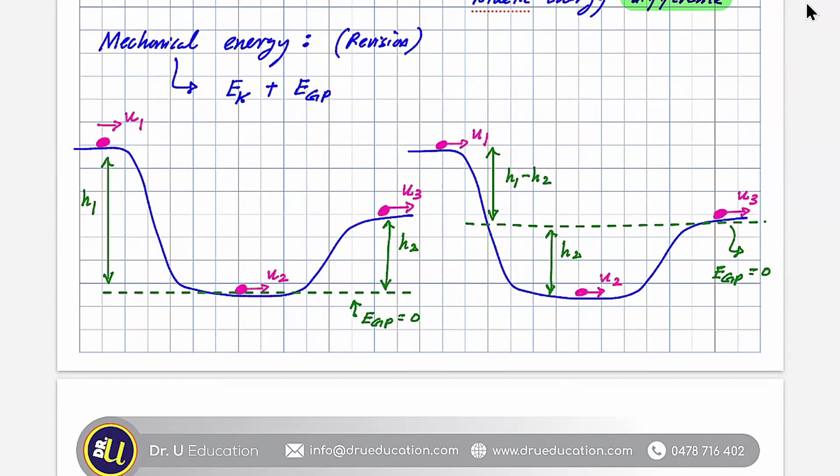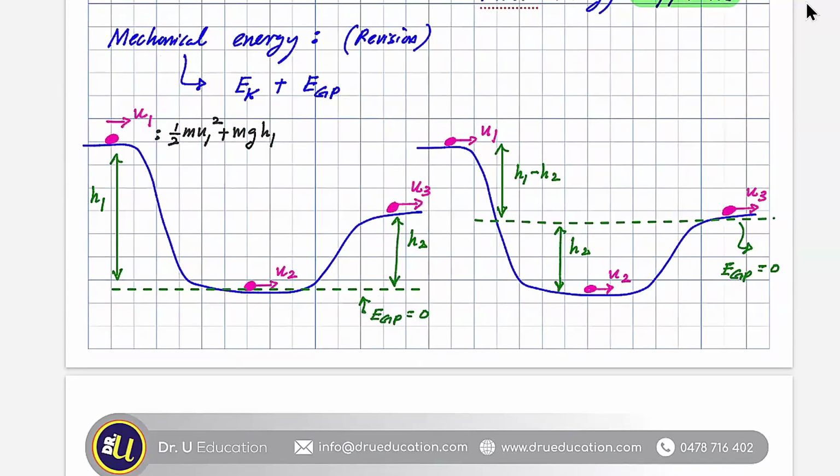Now, let's try to write the mechanical energy here. What would be the mechanical energy here? Half m u1 squared, that's kinetic. What would be the potential? You are calculating h1 in the vertical up direction, which is going to be positive. So, it's going to be mg h1. Agree?